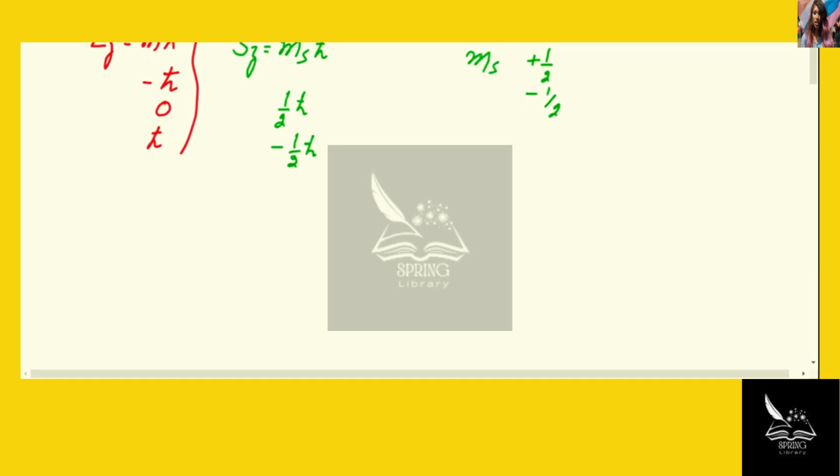We can write the z component of total angular momentum as sum of z component of orbital angular momentum plus z component of spin angular momentum.